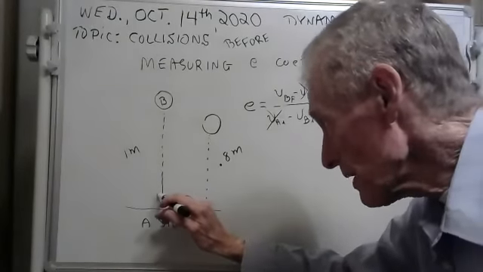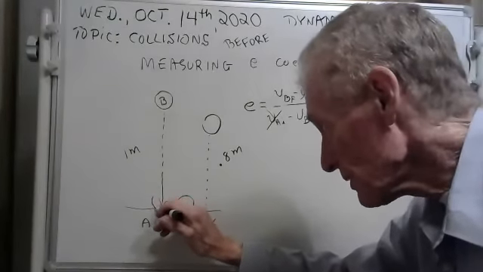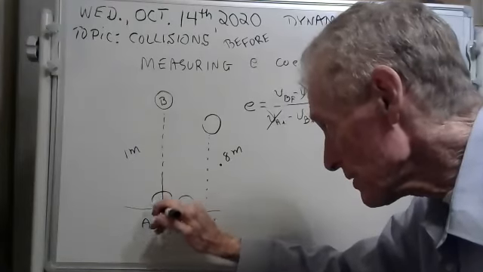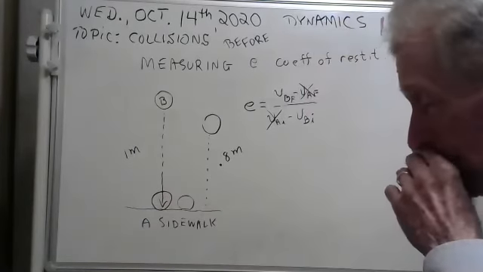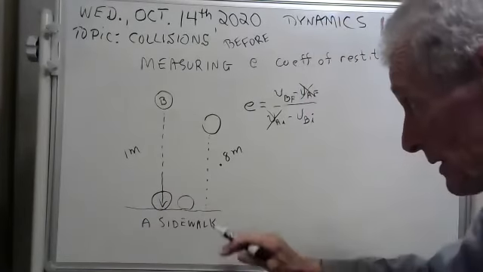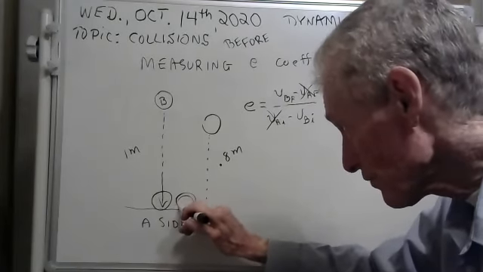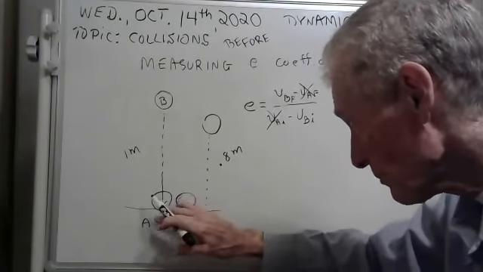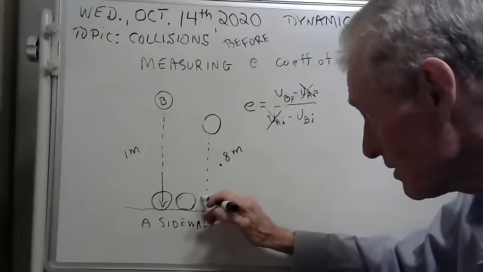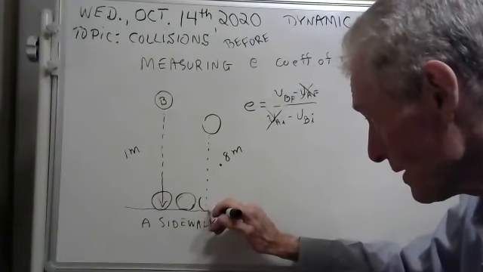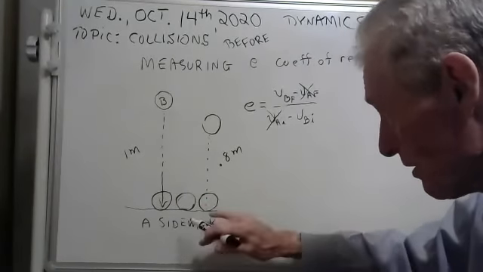Right before the collision, the ball is just getting ready to contact the sidewalk. Then it flattens out and you get a flat spot on the bottom at the maximum of the collision, and then the ball restores and it's just ready to take off.